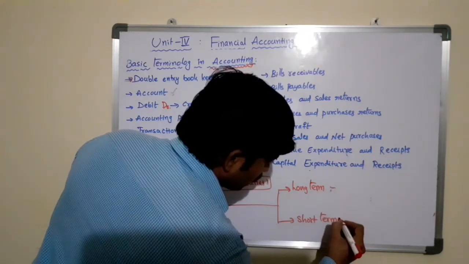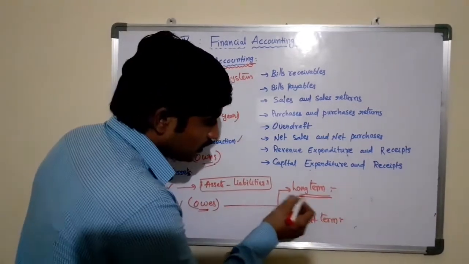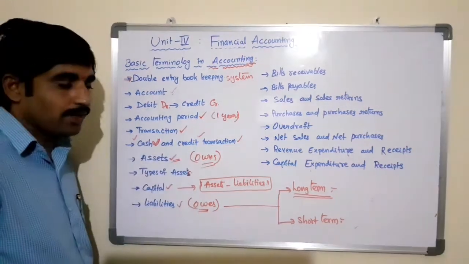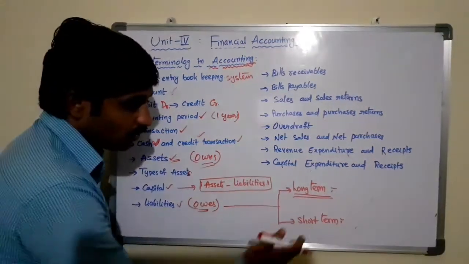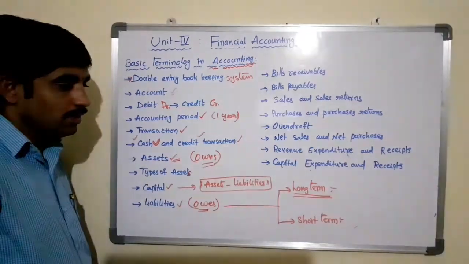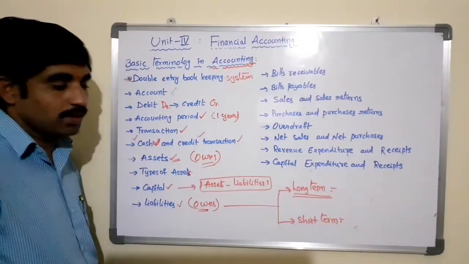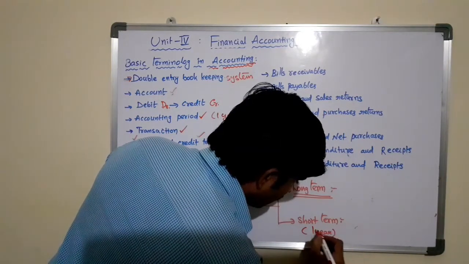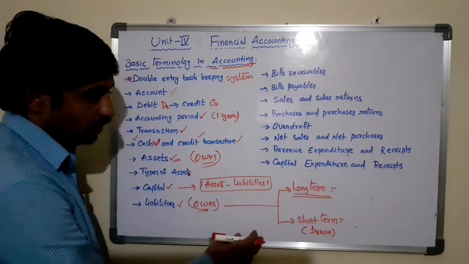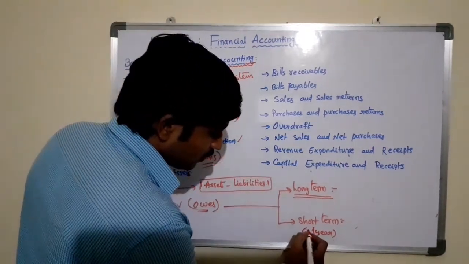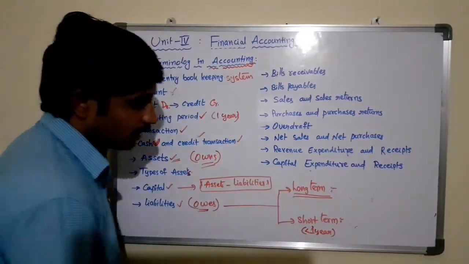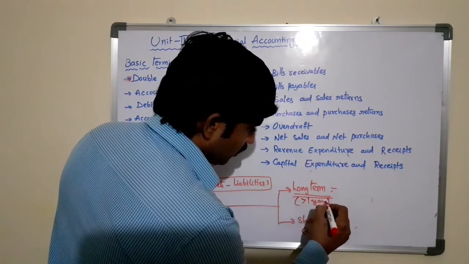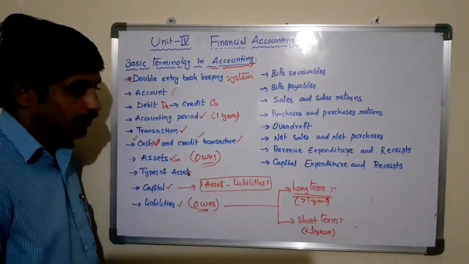Long-term liabilities are those which will be repaid after 5 years. Short-term liabilities are those which will be repaid within a short period, for example within 1 year or less. Liabilities which will be repaid after more than 1 year are long-term liabilities.